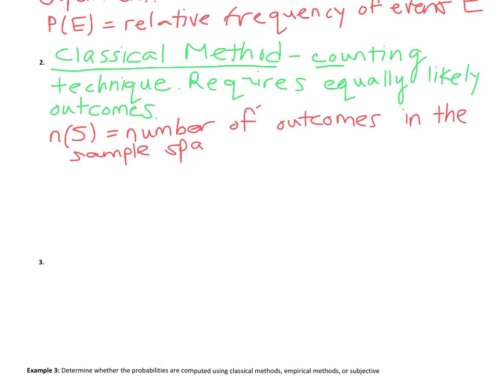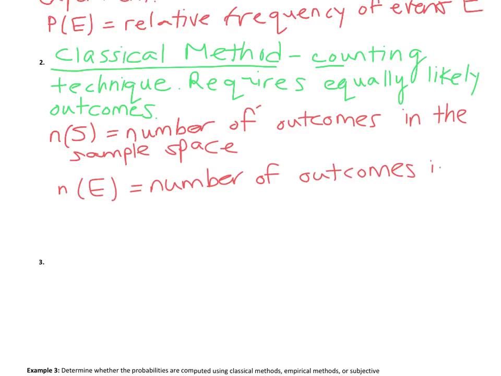And then N(E) is going to be the number of outcomes in event E.